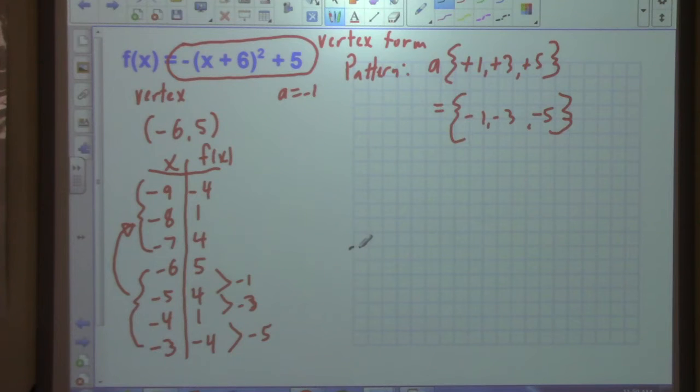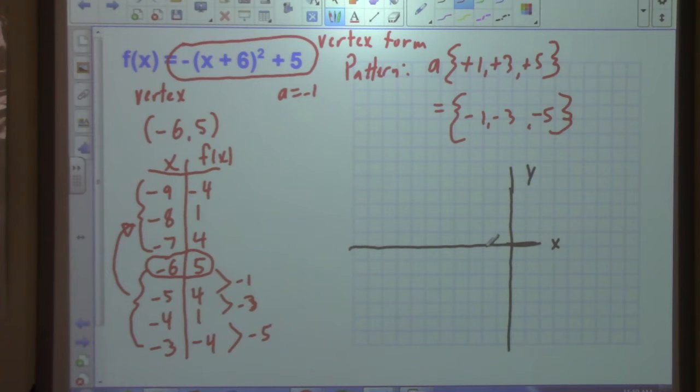So I'm just going to make my graph paper down here someplace. And we know we're over to the left of the y-axis. So I'm going to make my y-axis right here like this. So we have x and y. So we can graph the vertex, -6, 5 is our vertex.